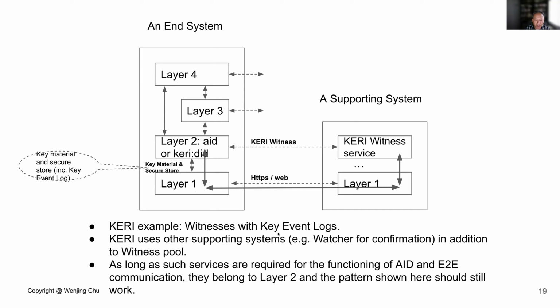KERI uses supporting systems such as watchers, in addition to the witness pool, and all of these are examples. There are maybe many such supporting systems to fully deploy a KERI system.